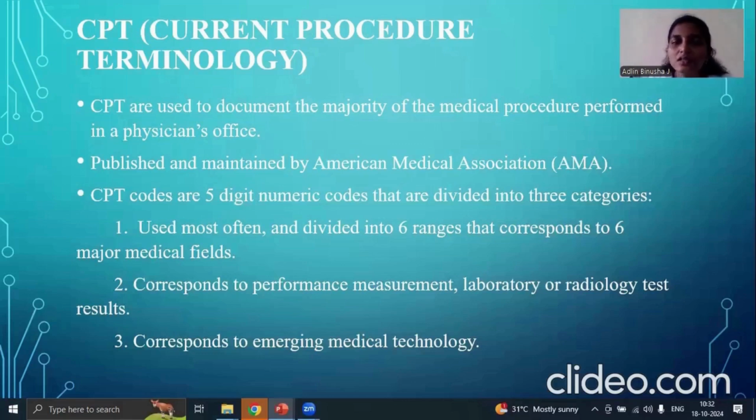These major 6 medical fields' codes will be covered here. Next, the second category corresponds to performance measurement, laboratory or radiology test results. All results will be covered here. And the third corresponds to emerging medical technology. Okay, these 3 are the categories under CPT.